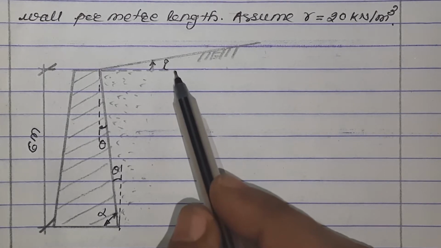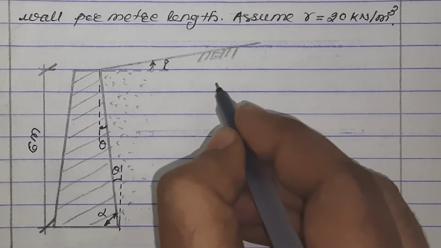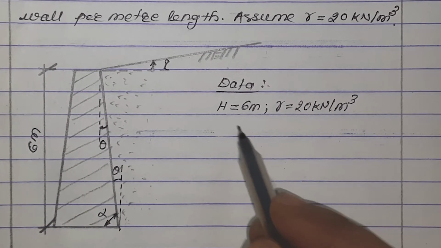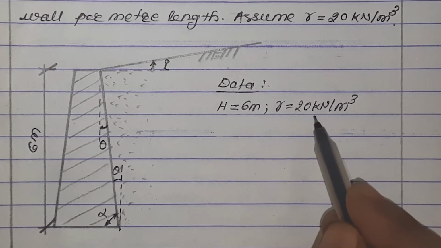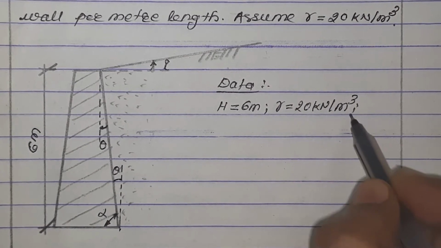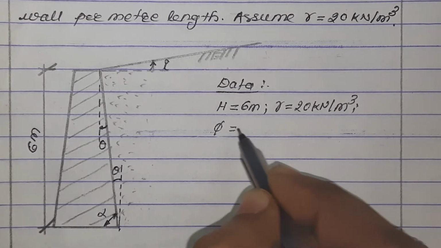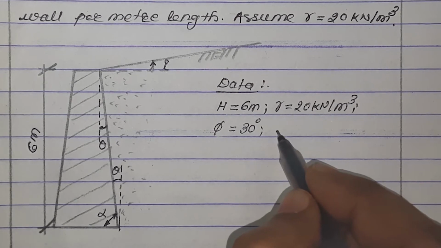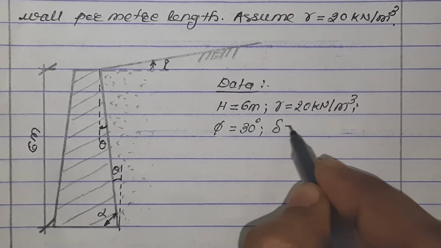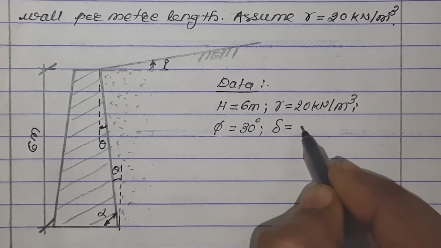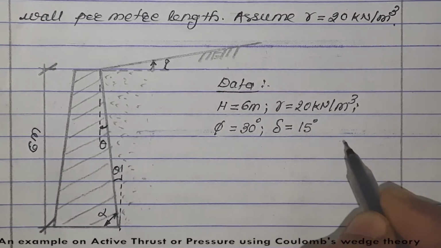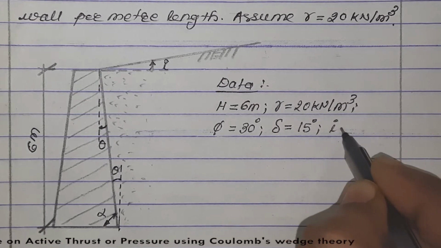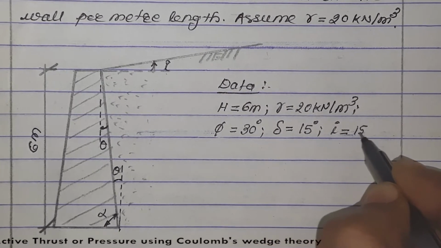Let us write down the data which is given. Here H is 6 meters, gamma is 20 kilonewton per cubic meter, angle of internal friction phi is 30 degrees, angle of wall friction with the soil, that is delta, is 15 degrees, slope angle I is given as 15 degrees.